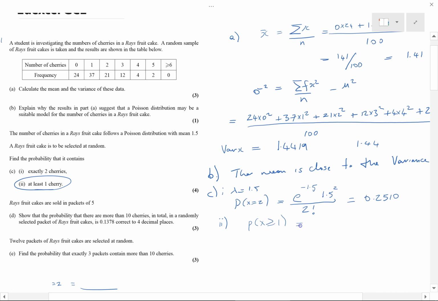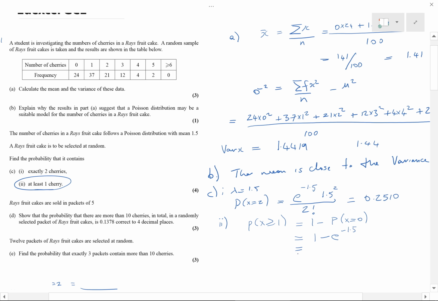It's easier to do 1 minus the probability that x equals 0, so I would use the formula here again, which is 1 minus e to the minus 1.5.